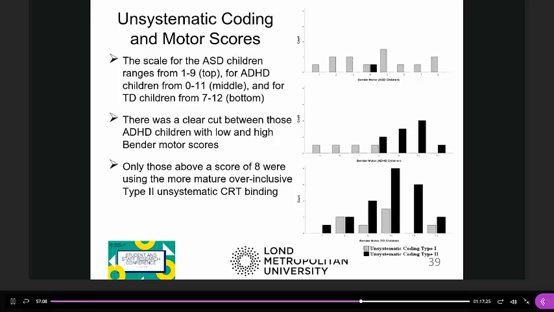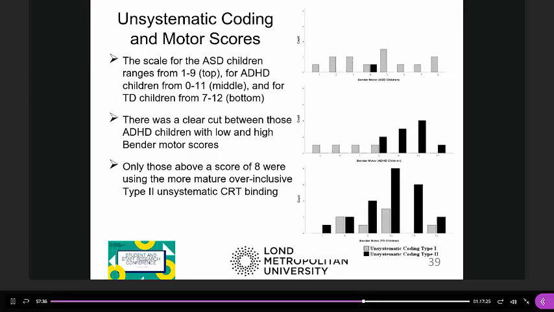So these are the Bender scores. They go from 1 to 9. These go from 0 to 11, so the scale is a bit different. And these go from 7 to 12. So what you can see here is that the children with autism had the lowest fine motor skills, and they used mainly object place binding, except for one child.